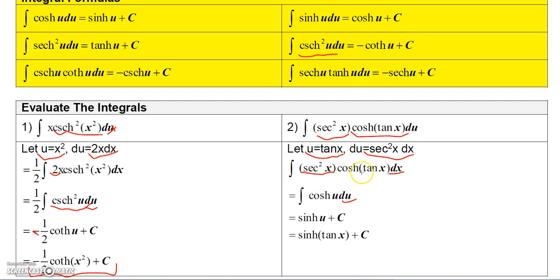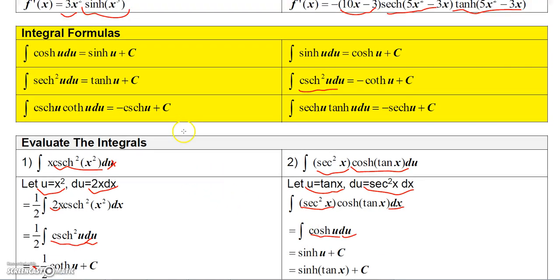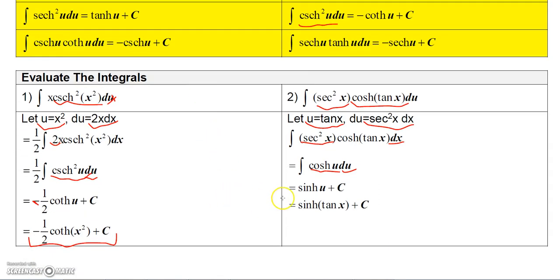And then the hyperbolic cosine of tangent x is hyperbolic cosine of u. And then if you go up here to this formula, you can see that the hyperbolic cosine of u integrates to hyperbolic sine u. So that integral is going to be hyperbolic sine u plus a constant. And then the last step is to replace u with tangent x.